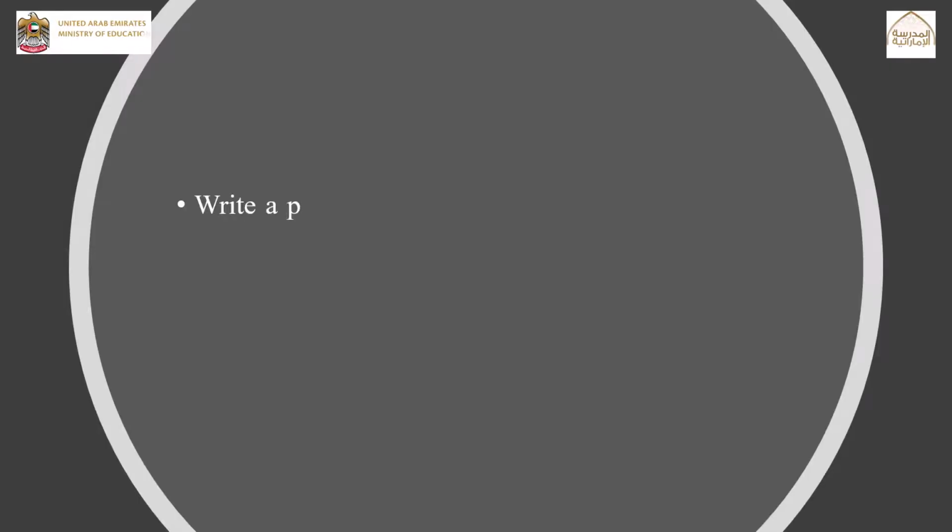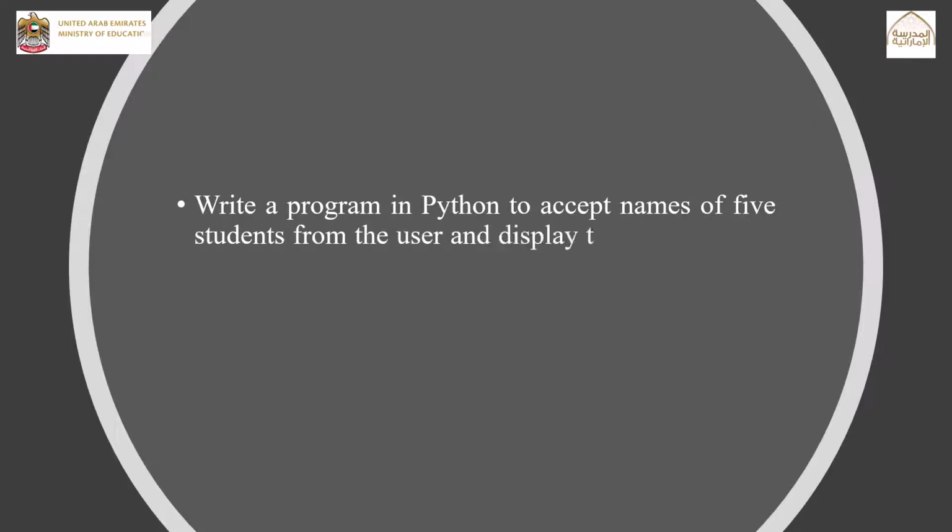Write a program in Python to accept names of 5 students from the user and display the names on the screen. Please pause the video and complete the activity. This was fairly easy. The program would look something like this.